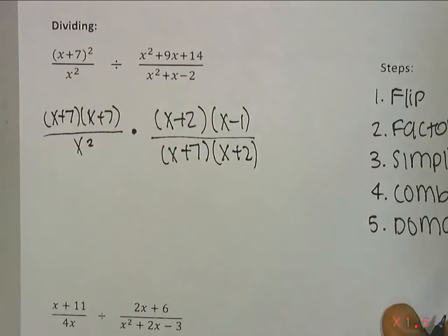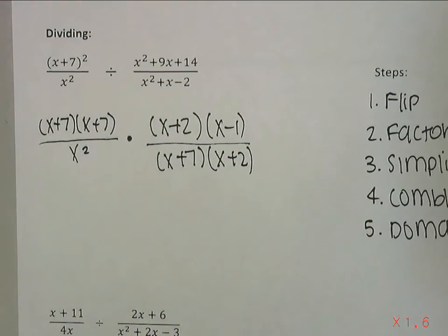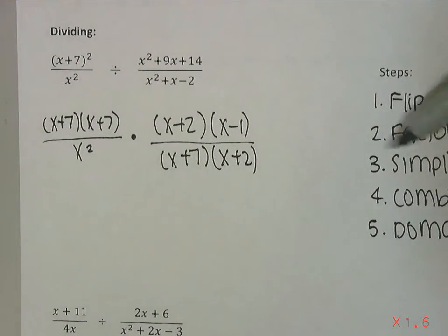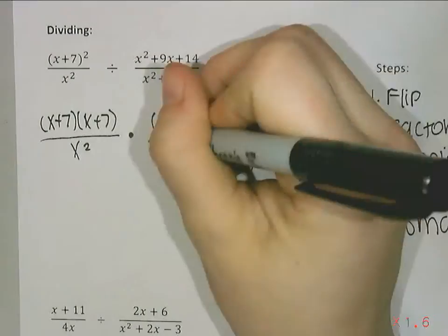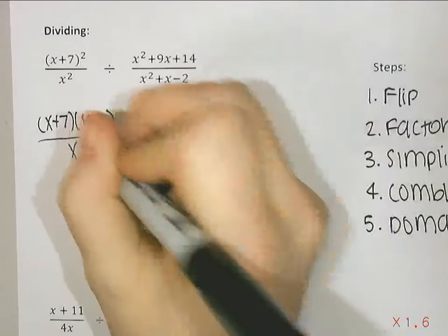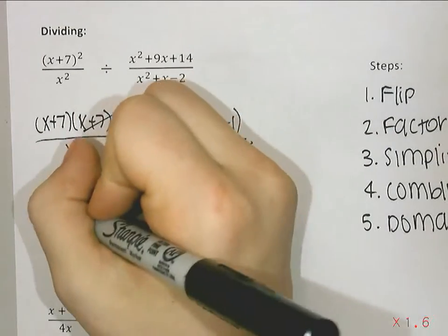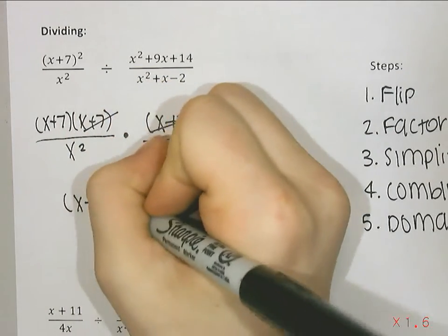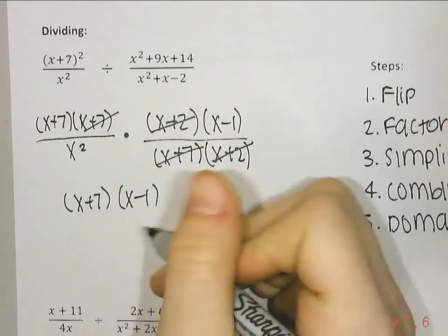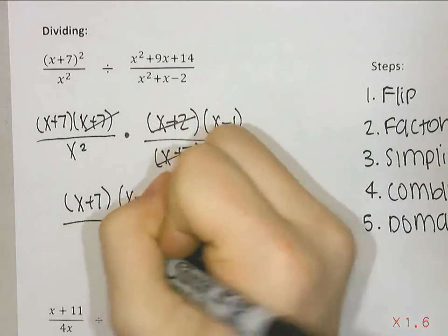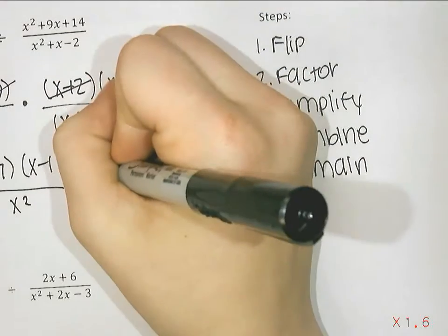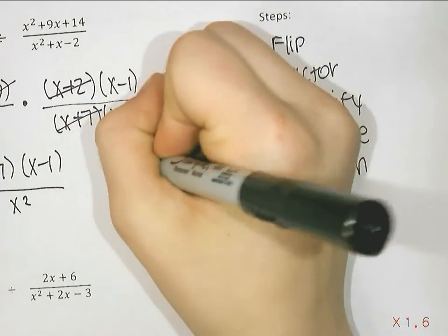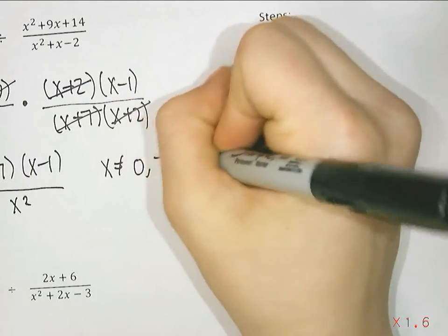So then we flipped it, and you factored it out too, so now you can simplify. You take this out, take this one out, so that leaves you with x plus 7, x minus 1 over x squared. So your undefined terms in this one are 0, -7, and -2.